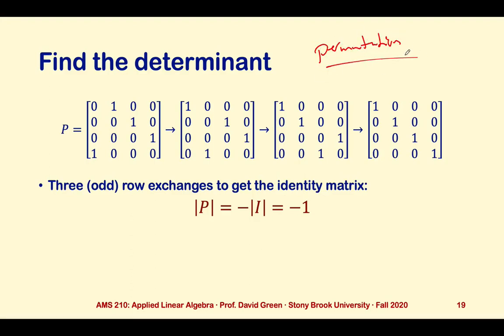This means that it can be reconfigured into the identity matrix only using row exchanges. That means its determinant has to be plus or minus 1, and the sign of that determinant will depend on how many row exchanges we need to get to the identity matrix.